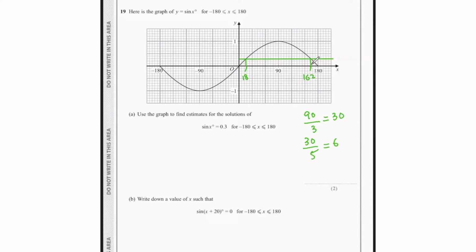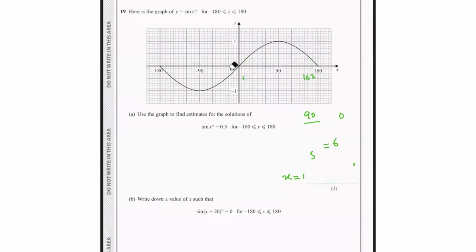So 47 times 6 is 162. So that's why we have 18 and 162 over here. So x equals to 18 and x equals to 162. Then it says write down a value of x such that sine of x plus 20 equals to 0.